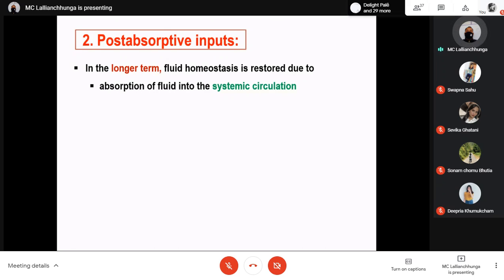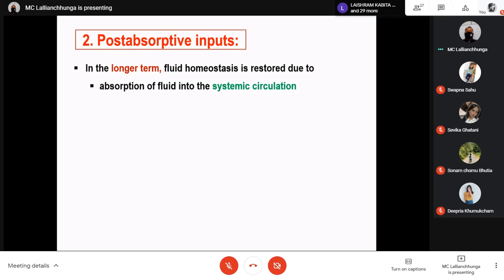So in pre-absorptive input, we have discussed some nerve signals which cause satiation of the thirst. But let us say that it is not a long-term satiation until the water ingested reaches the systemic circulation. So soon, the feeling of thirst will come back.